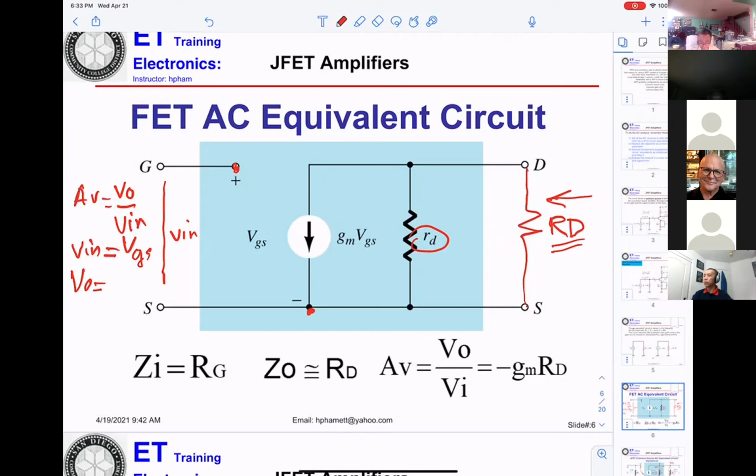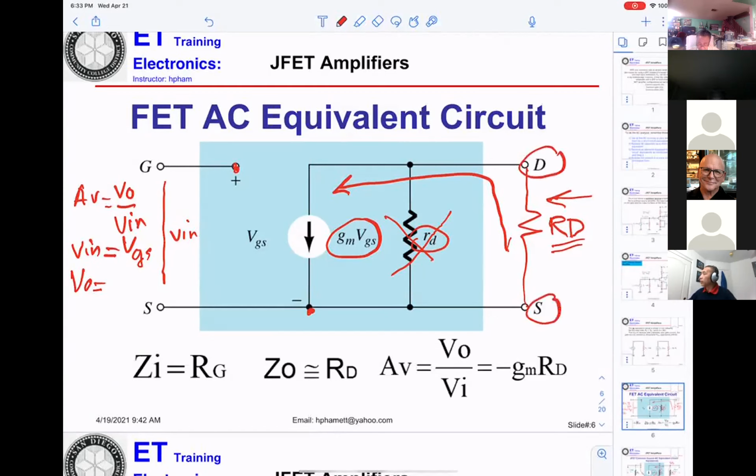Now you see V out. Forget this one, okay? You get the current, gm VGS, that means the current flow. That will be the value gm VGS. And that will be telling you V out and the current are in opposite directions. V out means from the VD to the root, counting from here to the root right here.